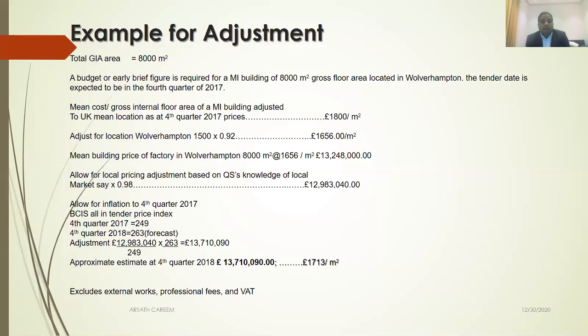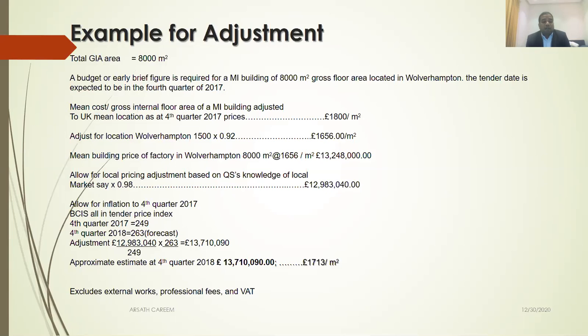Now you need to find out, if you want to build this in the fourth quarter of 2018, how much it will be. If I want to build in the fourth quarter of 2017, it is 12.9. If I want to build in 2018, definitely there will be inflation. There will be a change. So now the price index comes into effect. According to the BCIS data, the fourth quarter price index is 249.